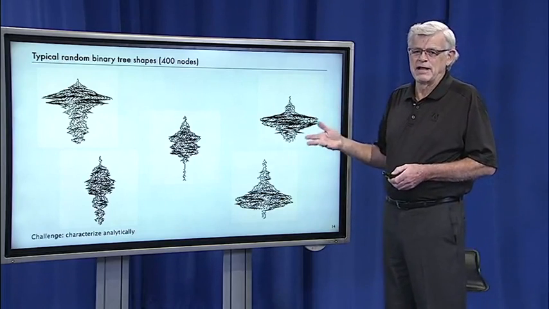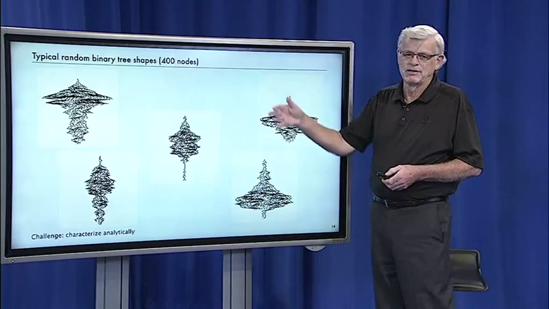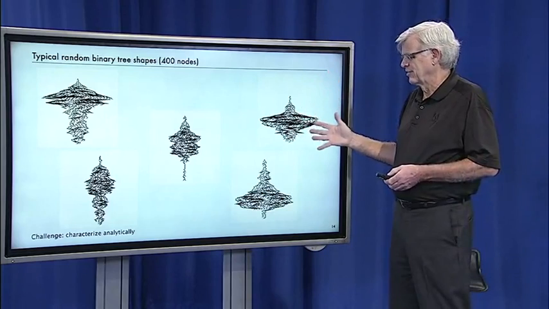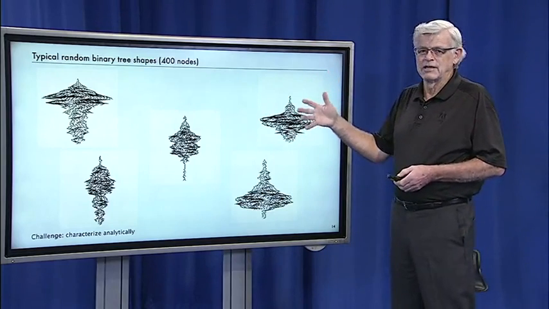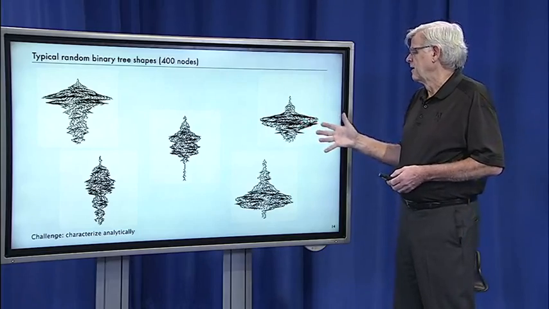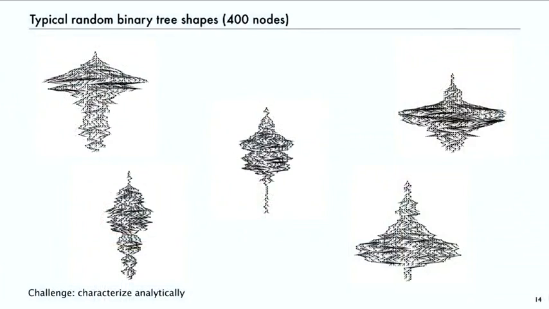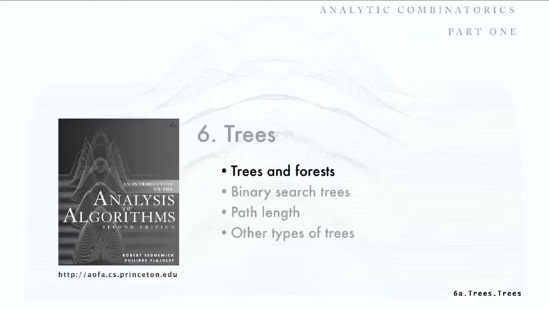And so the challenge that we have that we're going to go into, and the reason that I wanted to draw these big binary trees, is to make clear what that challenge is: we have to analytically characterize this in some way. Maybe averaging over all of these, or whatever it is that we're doing in terms of the analysis, it's going to have to explain this kind of behavior. And remarkably, we're able to get very far in doing that. And so that's what we'll start doing now. That's just a brief introduction about trees and forests.